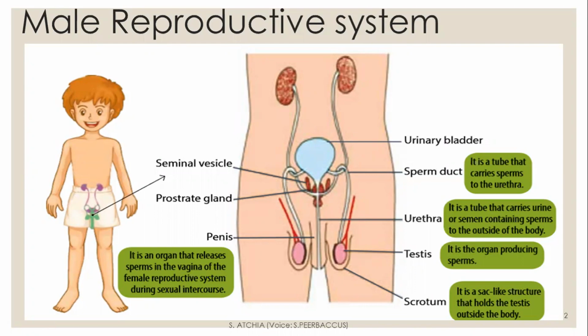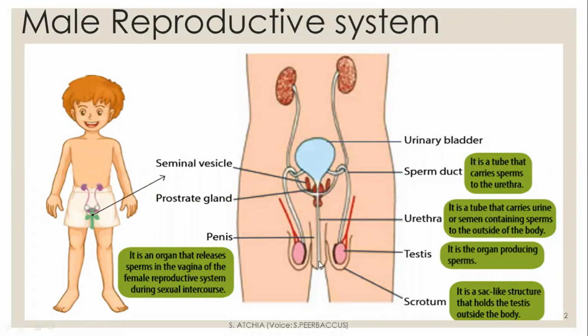As you can see, the male reproductive system consists of different organs, namely the two testes, the penis, this tube inside the penis known as the urethra, two other tubes known as the sperm ducts, glands, namely the seminal vesicle and the prostate glands. Let us now explain about their function.